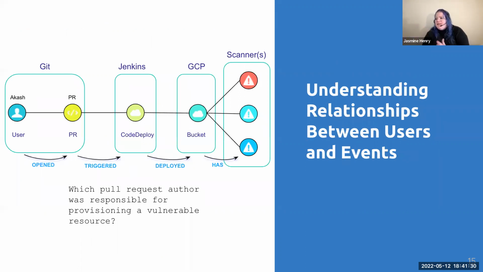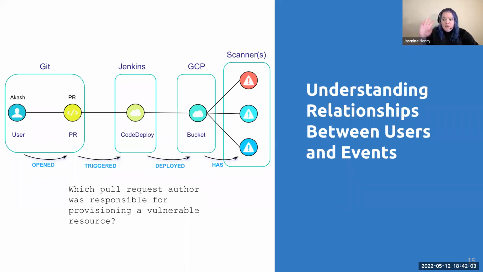And this is the example I cited earlier. Understanding the relationships between users and events is where I feel like graphs are at their absolute maximum potential. This is where you start seeing the structural and situational elements of a situation, which is really useful in a response or how-did-this-massive-vulnerability-happen scenario. So which pull request author was responsible for provisioning a vulnerable resource?